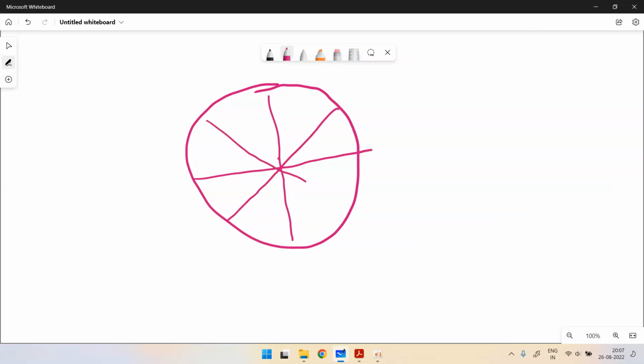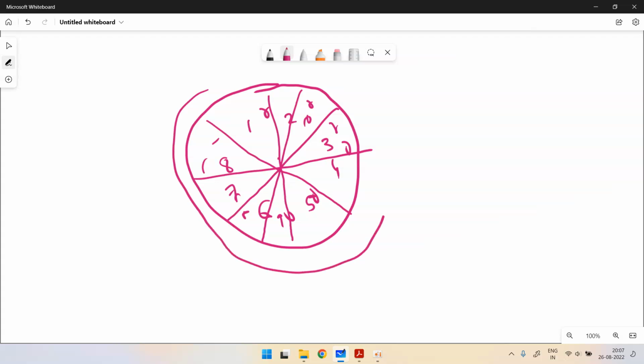So you divide it into 4, 5, 6, 7, 8, 9, 10 equal parts using a wire only. All these radii will be r. Now this is used to make the circumference also.